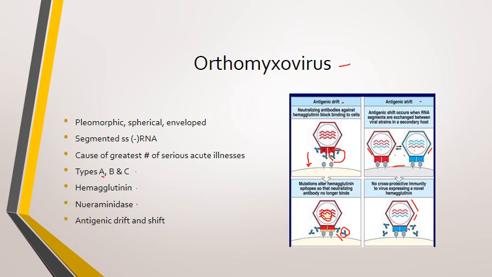Testing for the flu can be done with a viral culture or with direct detection of nucleic acid. We also have antigen, antibody, and serology testing that allows us to rapidly detect flu in specimens. We do have rapid tests now.